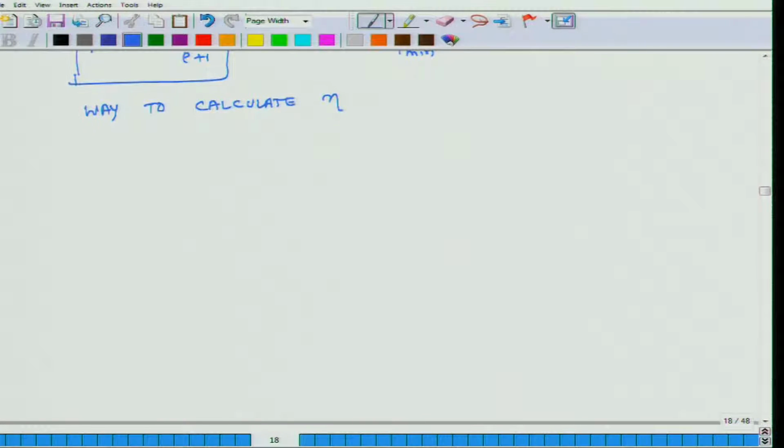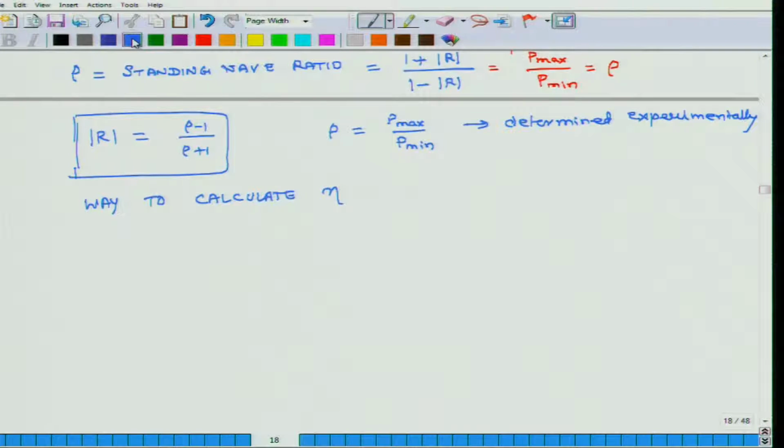So again, how do we find eta? What we do is we again sweep the mic. Let's think about the condition for P min.